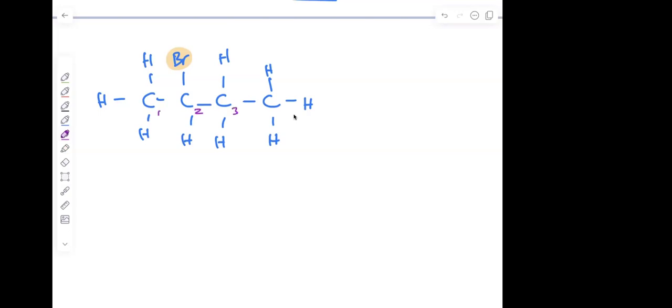Carbon 3 has 2 hydrogens. So I will take from the one that's got the least, right? That's carbon 3. So I'm going to take this hydrogen here, and that means I will end up with a major product. So the major product of this reaction is going to be C-C double bond C-C. Let's assume all our other hydrogens are going to be there. Okay, right. This is now my major product.